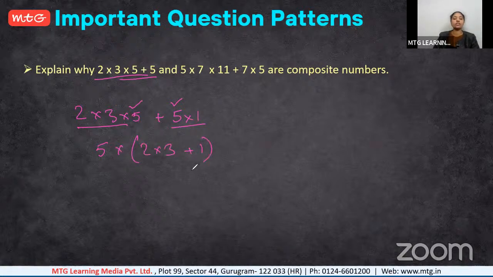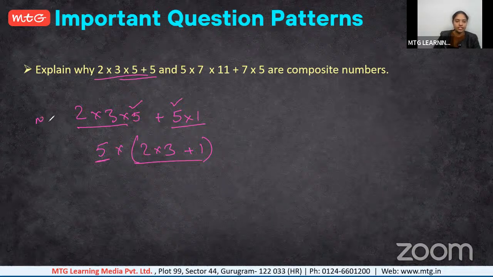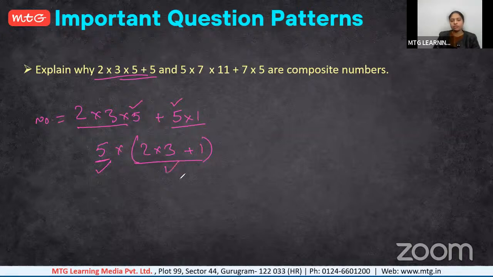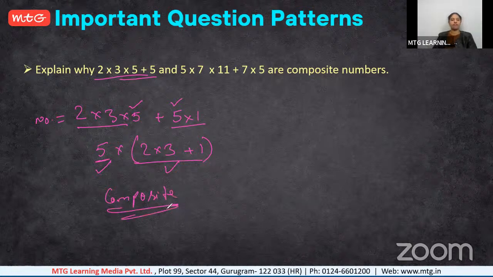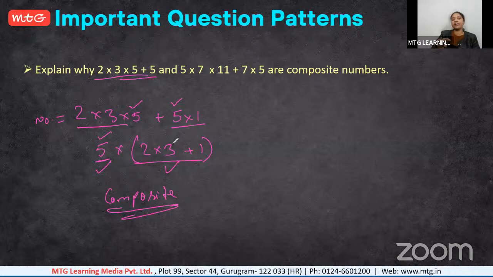Now here, if you observe, any number which could be represented as a product of two different numbers is always composite. 5 is one factor, and 2 into 3 plus 1, which is 7, is another factor. So, I'm able to represent my given number, without making it a single value, as a product of two different factors, concluding it to be composite.